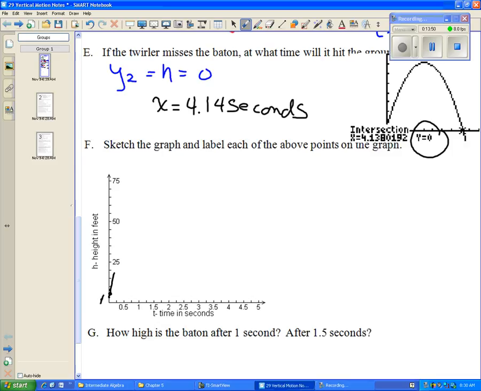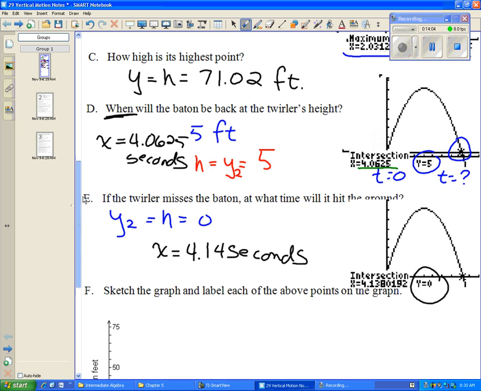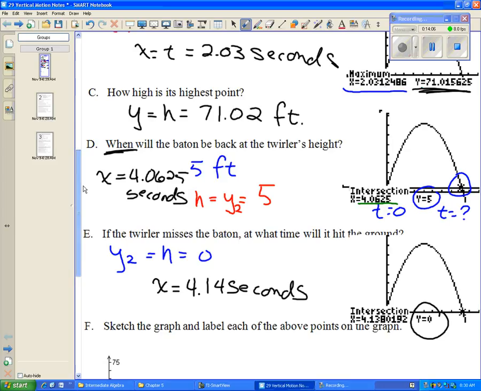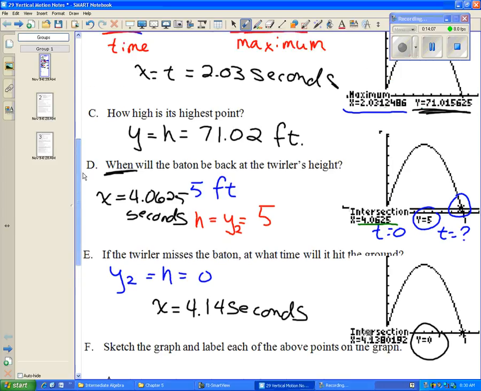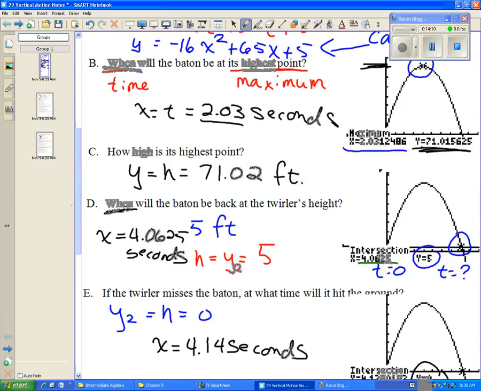It's going to go up. I'm going to stop for a second, and I'm going to do it a little differently. I know that I'm going to cross the y-axis at 5 feet, so I need that point. I know that it's going to reach my maximum at 2.03, a maximum of 71 feet.